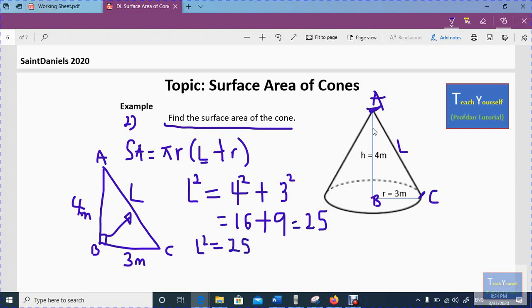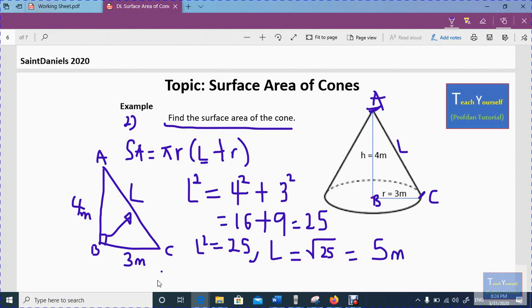So your L squared equals 25. We need the value of L, not L squared. And in mathematics, for the square to come to the other side, it becomes square root, okay, of 25. Square root of 25 means what number will you multiply two times to get 25? If you use your calculator as well, you get 5. So the slant length is 5.